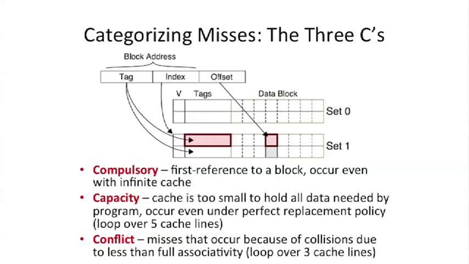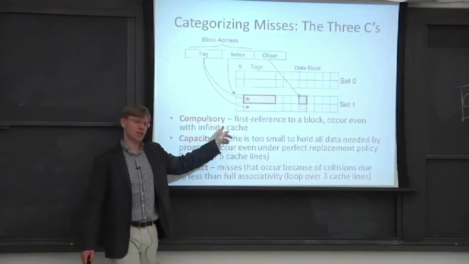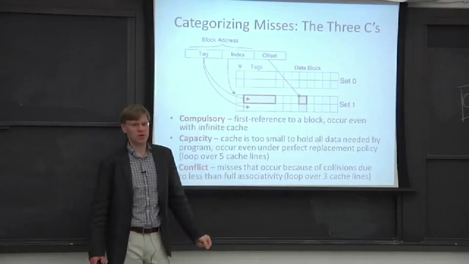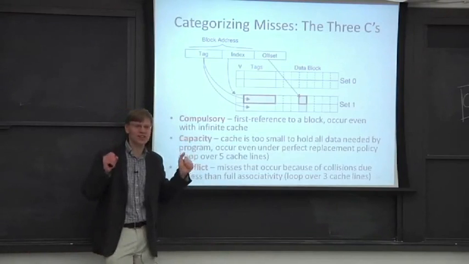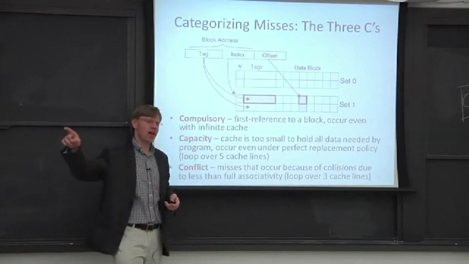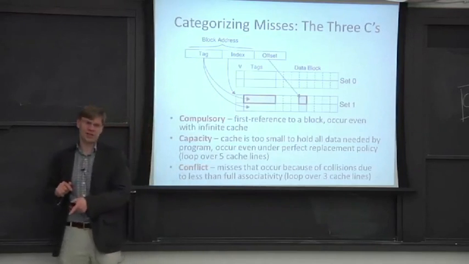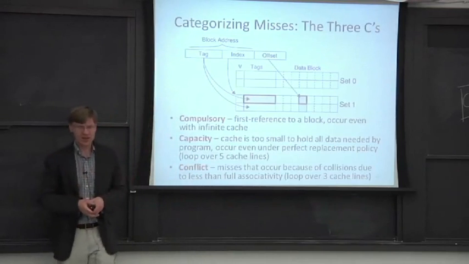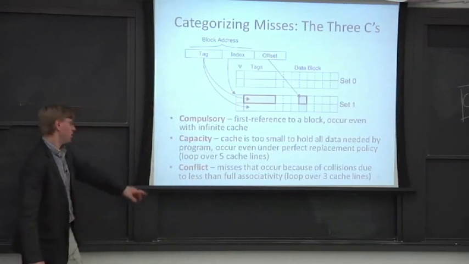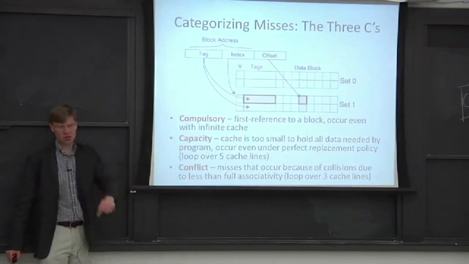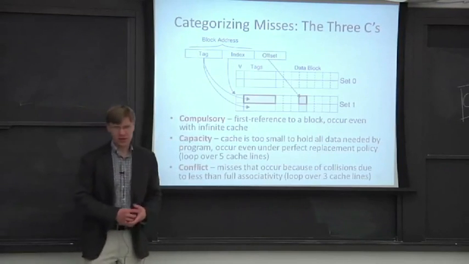You can try real hard. You can think about having a prefetcher to try to reduce the number of compulsory cache misses. You can think really hard and say, oh, I think I'm going to access this data sometime in the future, I should go get it. And then when you actually go access it, you won't take a cache miss. So that's a possibility.